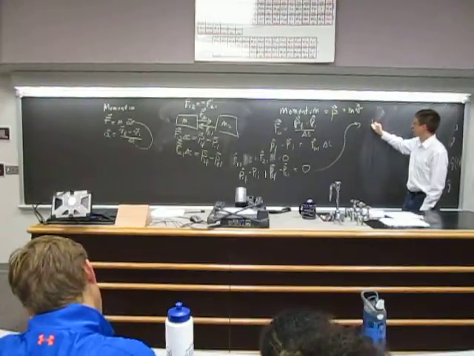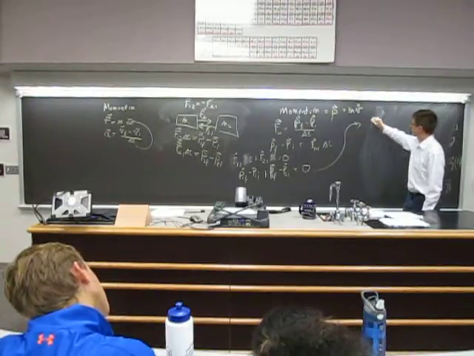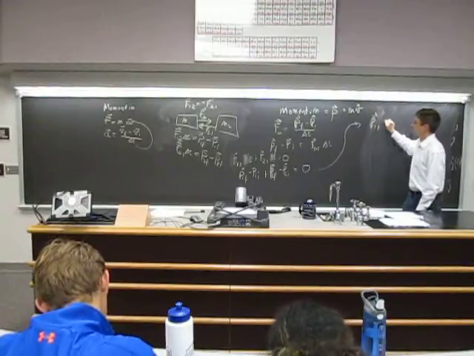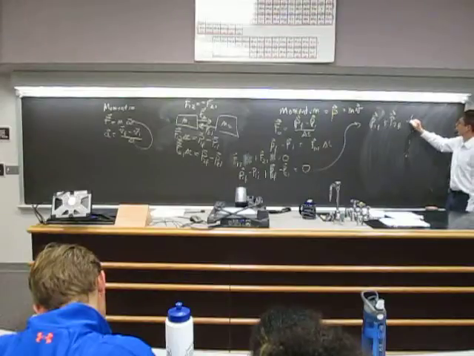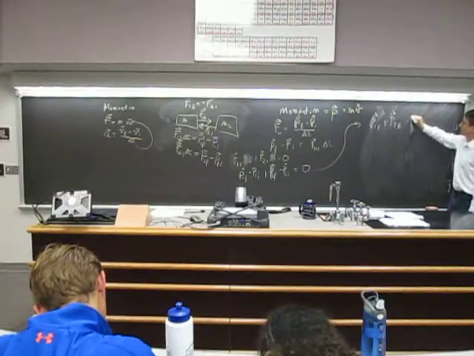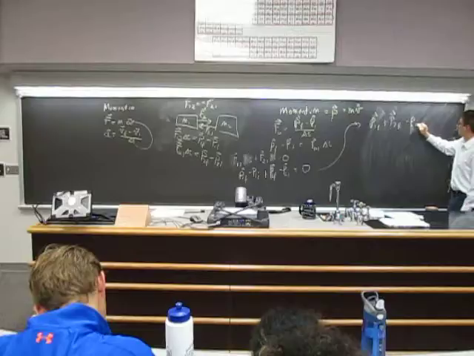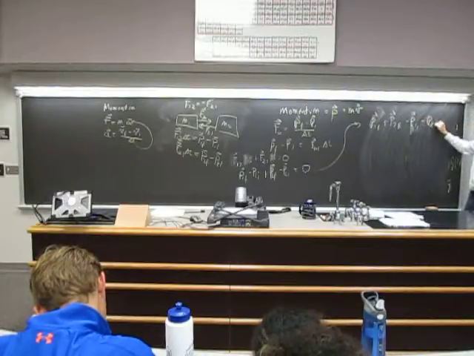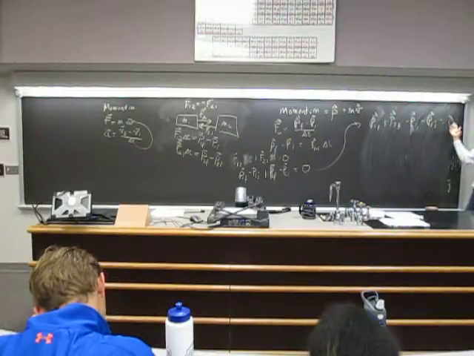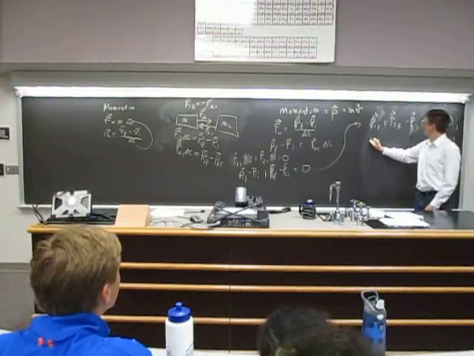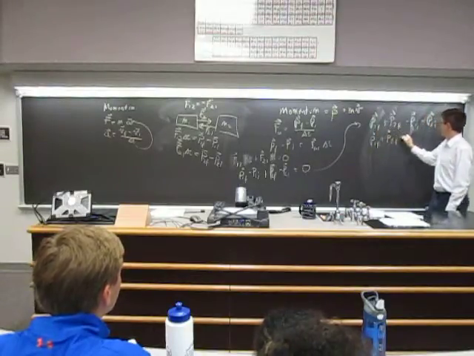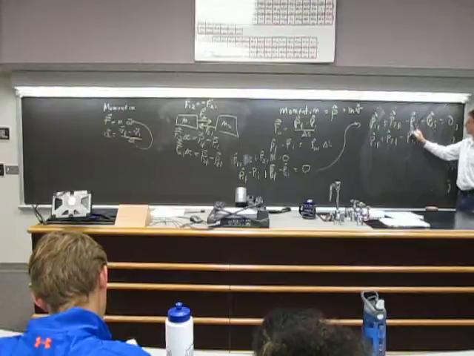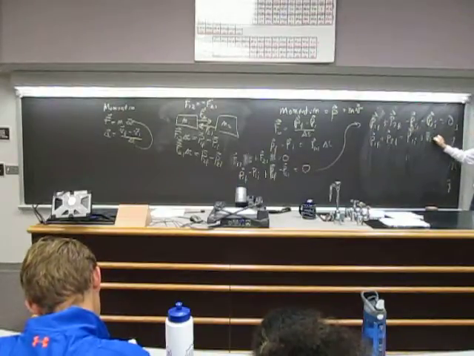And I see that if I do that, P1 final plus P2 final minus P1 initial minus P2 initial is equal to 0. I can bring all these initial things over, and I would get that P1 final plus P2 final is equal to P1 initial plus P2 initial.